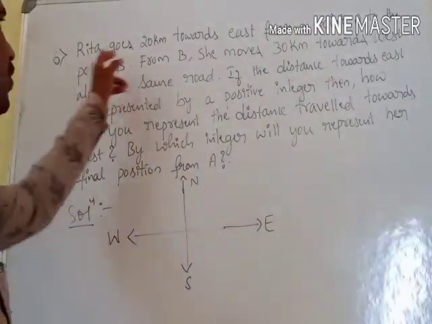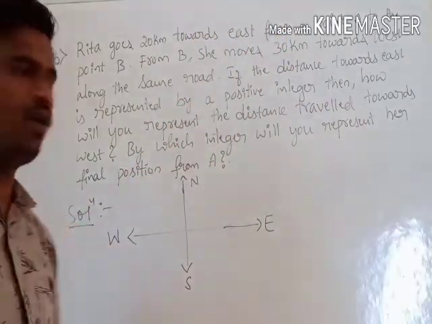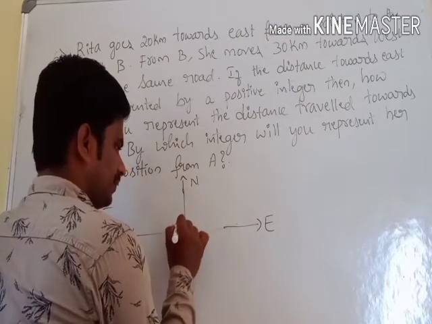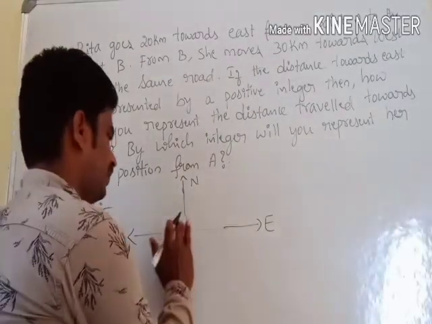Here Rita goes 20 km towards east from a point A. That's why I will assume the center point as A.